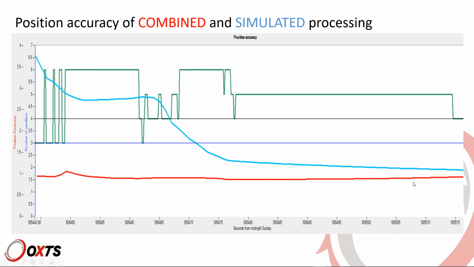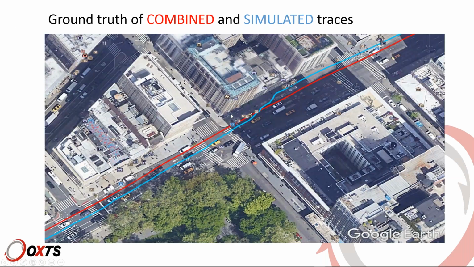Again, no corrections applied. While the simulated is way worse, and the situation on the ground, again, New York City, you can see the red line is solid and sensible. That's the combined processing, while the simulated or real-time one was drifting, going over the pavement, then switching sides. By reprocessing this data in combined mode, you get a far better solution.